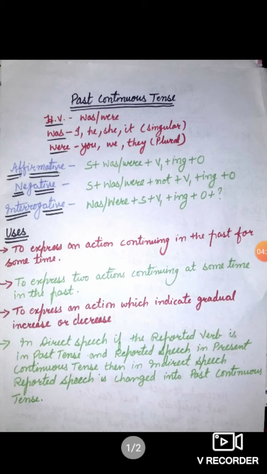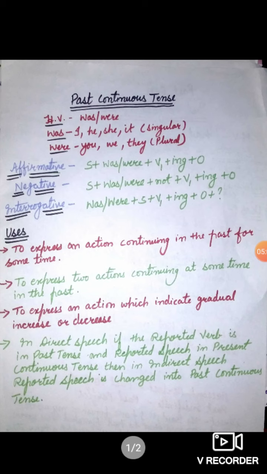And now, as in past tense, all the sentences from direct to indirect, this use is added in it. So, as I told you, in past indefinite tense, if in direct speech reported verb is in past tense and reported speech is given in present indefinite tense, in that case present indefinite tense is changed into past indefinite.